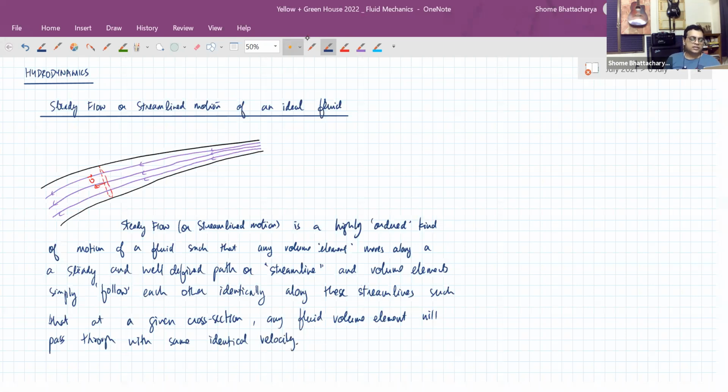So that is a very descriptive sort of way of explaining what is streamline or steady flow. Now, make sure you understand this and write down the keywords here. Now, after this, we'll also understand how we can write mathematical equations based on this descriptive sort of explanation of streamline motion.